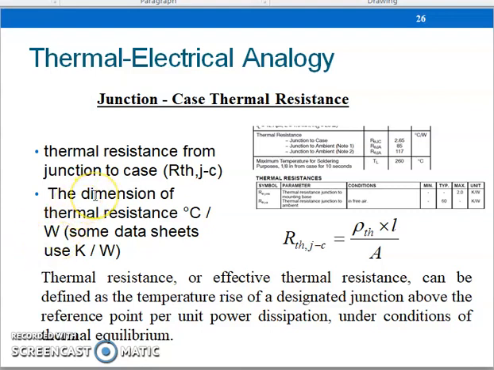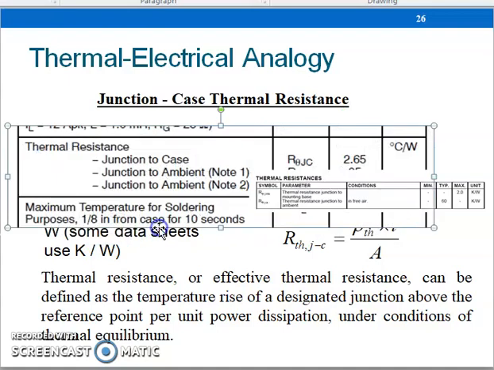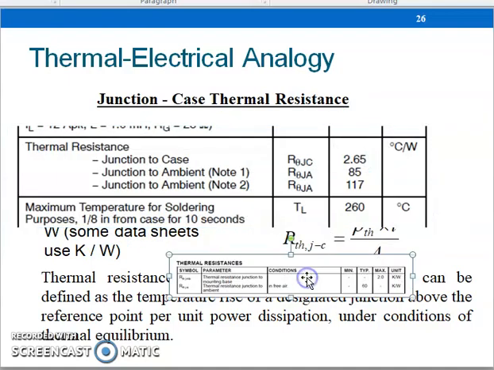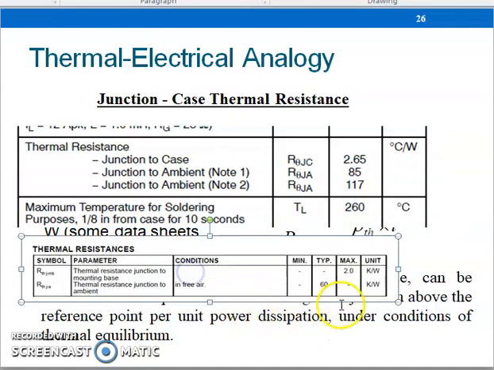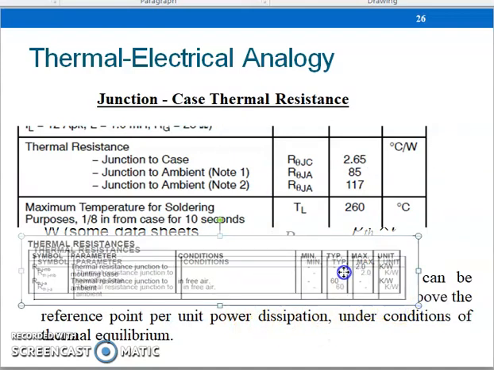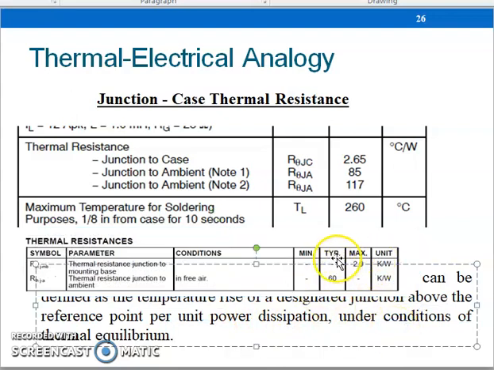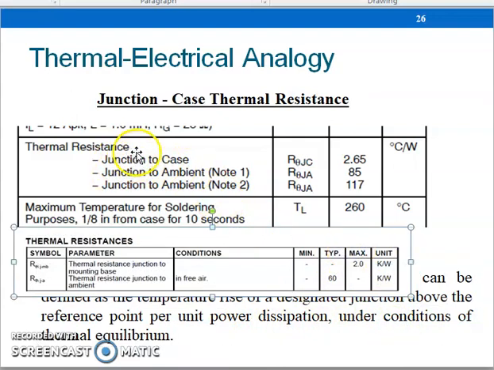So in terms of junction to case thermal resistance, in the table of each datasheet that we have previously reviewed, we have a certain parameter labeled as R theta JC.